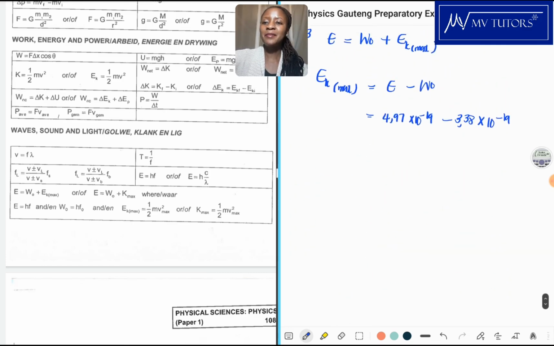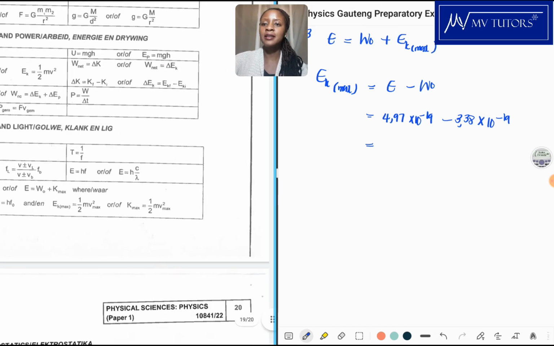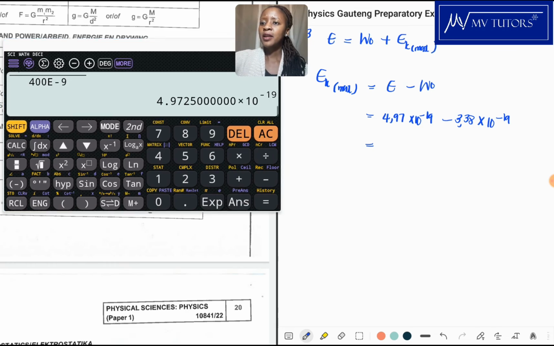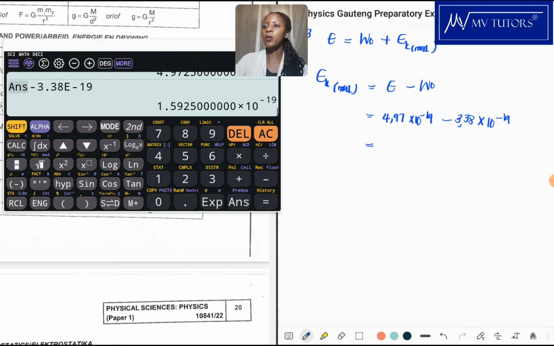But I can imagine sometimes you don't think about saving, so it's fine. You will be given marks. They definitely won't take that away from you. So let's see what the answer will be. We have that, and we are subtracting 3,38 times 10 to the negative 19, and we have 1,59 times 10 to the negative 19 joules.